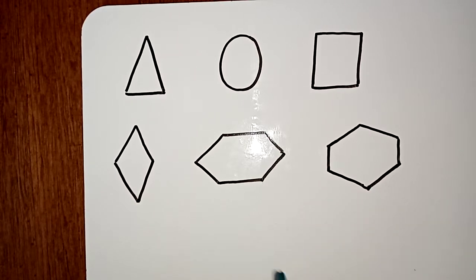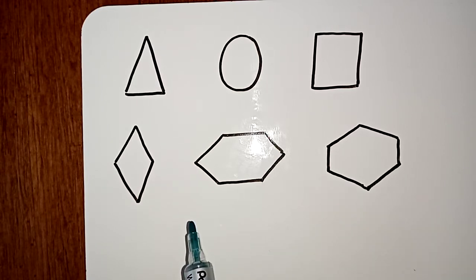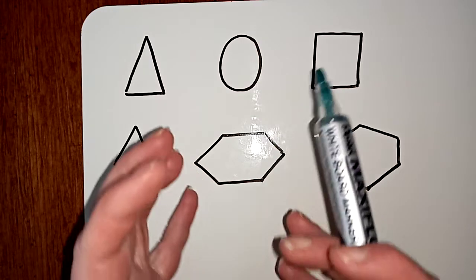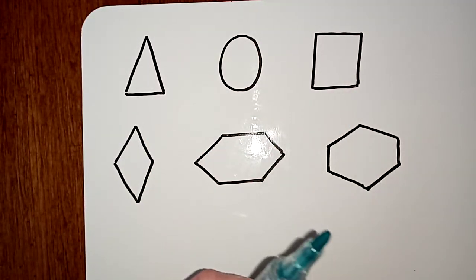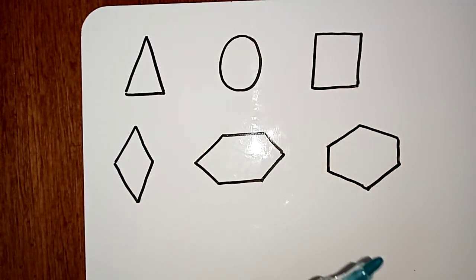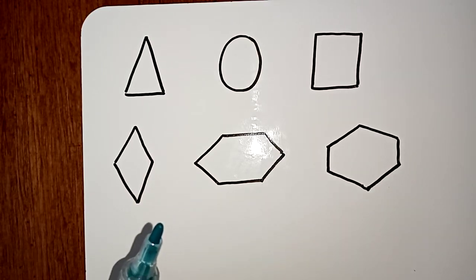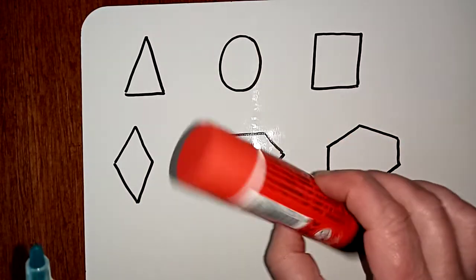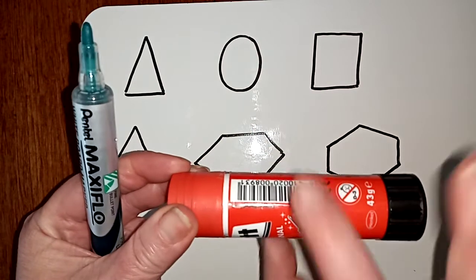So on my whiteboard, I have drawn 6 shapes, and these are 2-dimensional shapes because they don't have space. During lockdown in the second term, we spoke about shapes with space. So those were 3D shapes. If I have a look at my glue, all right, this has space.